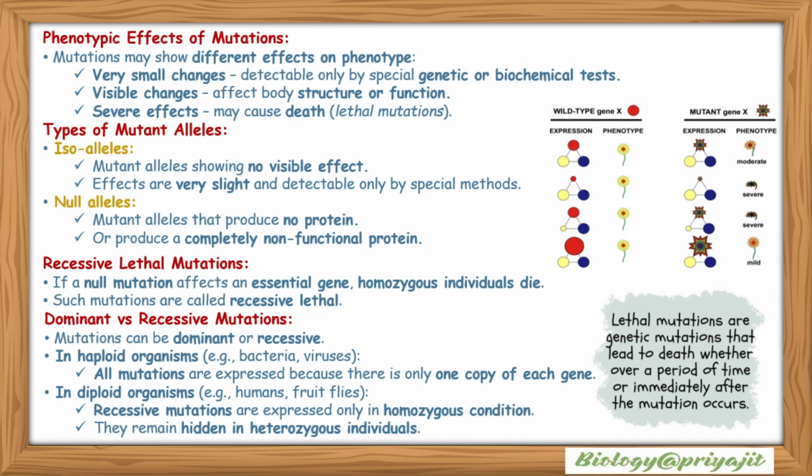In haploid organisms like bacteria or viruses, all mutations are expressed because there is only one copy of each gene. In diploid organisms like humans or fruit flies, recessive mutations are expressed only in homozygous condition and they remain hidden in heterozygous individuals. So lethal mutations are basically genetic mutations that lead to death, whether over a period of time or immediately after the mutation occurs.